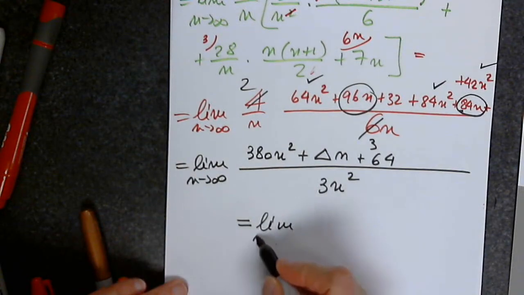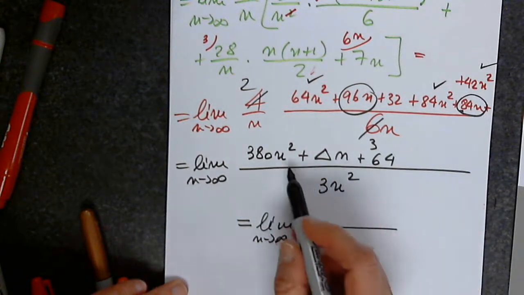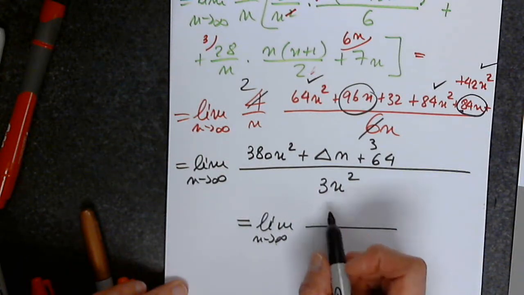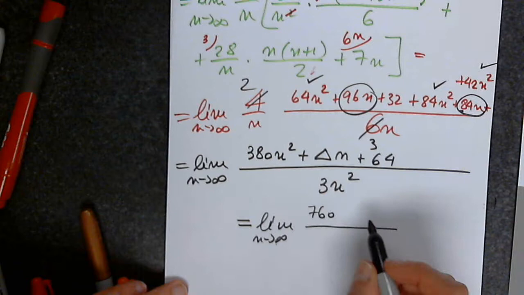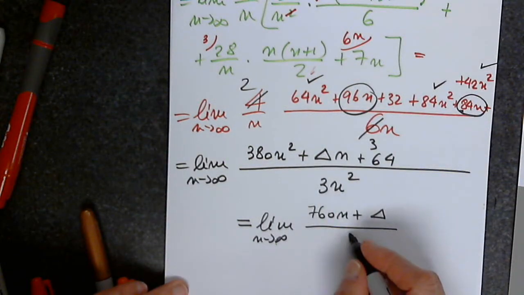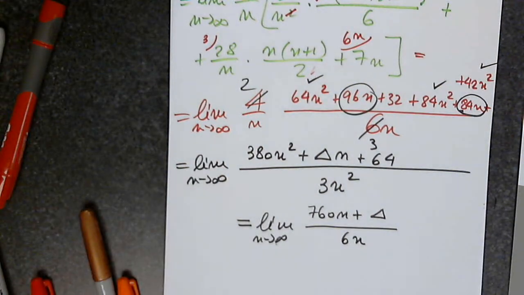So limit as n approaches infinity, I use L'Hopital's rule for the top. 2 times 380, that's 760n, plus whatever number is that, delta, over 6n. I just didn't calculate delta, I don't need it.